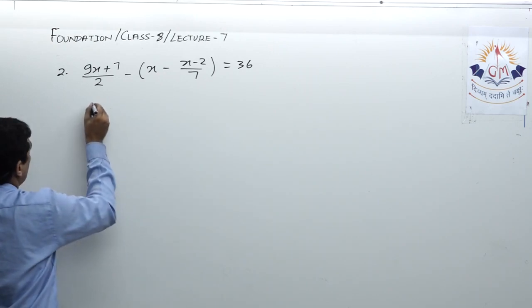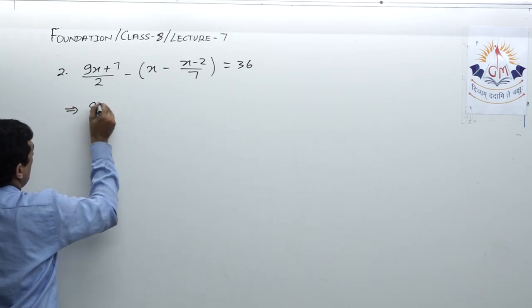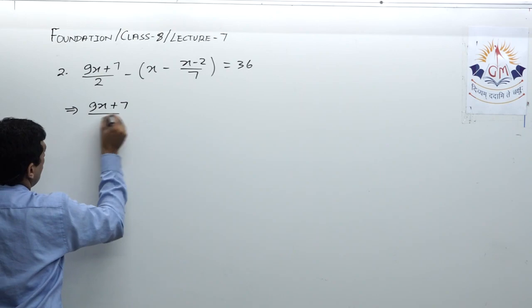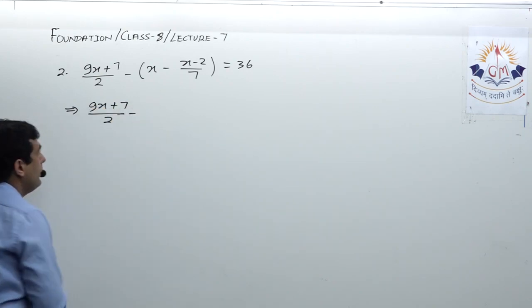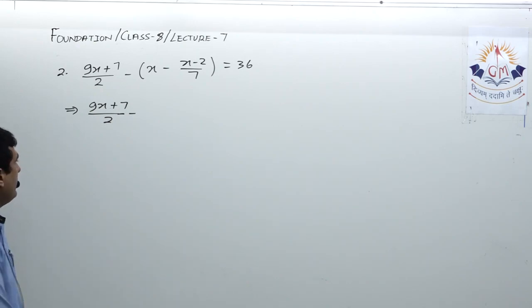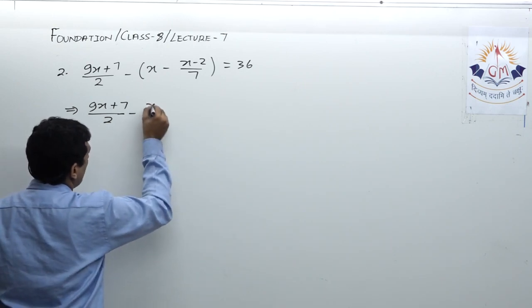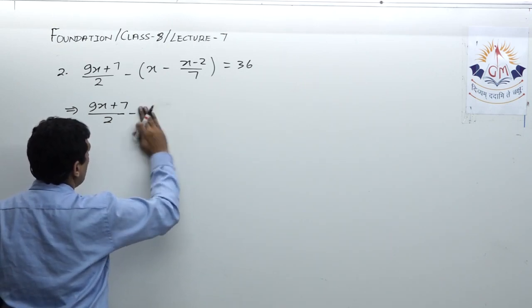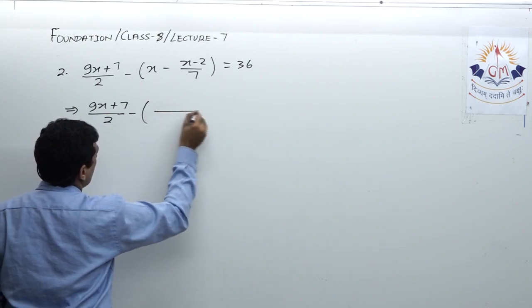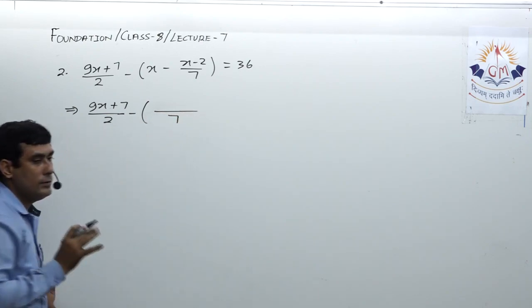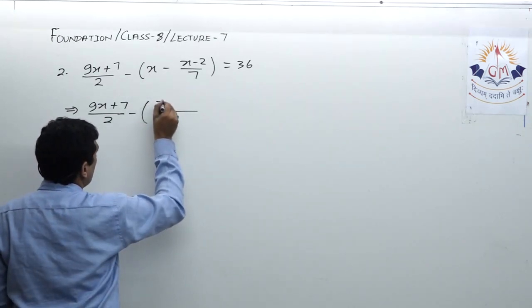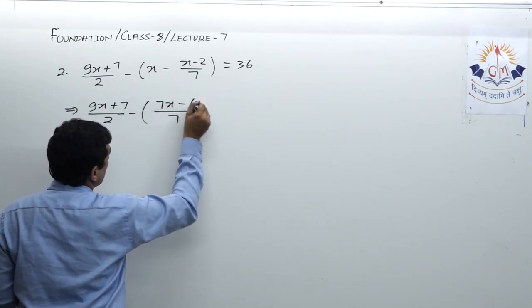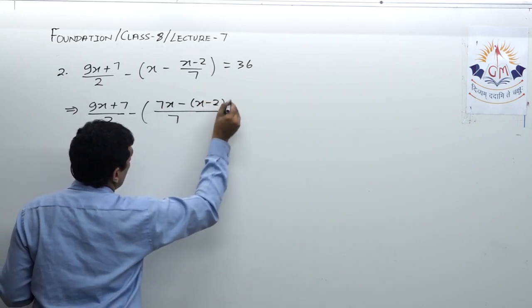So let's start. It is 9x plus 7 upon 2 minus, now before I open this bracket, I can open this bracket directly and then take the LCM of all terms together. But it is better to solve this bracket first, so this will reduce the confusion a little bit. Here the LCM is 7, so this is 7x minus x minus 2.